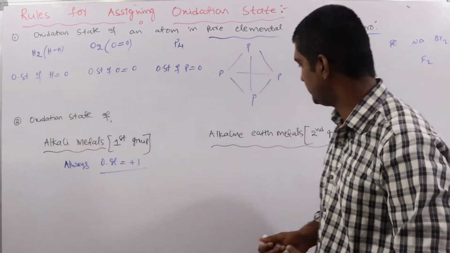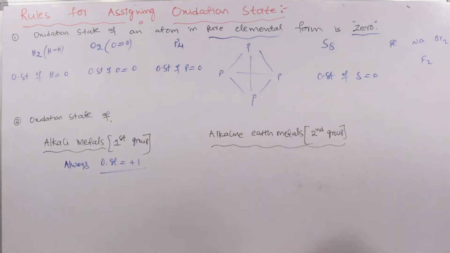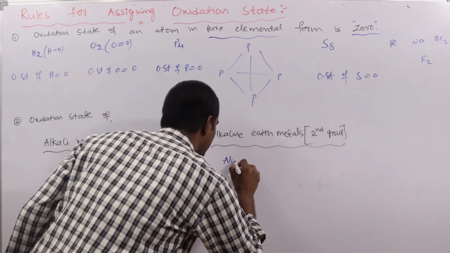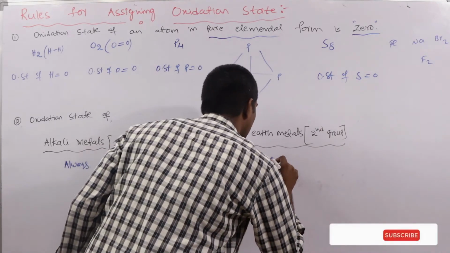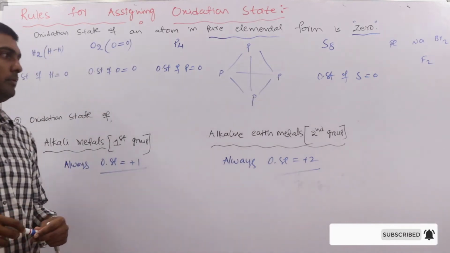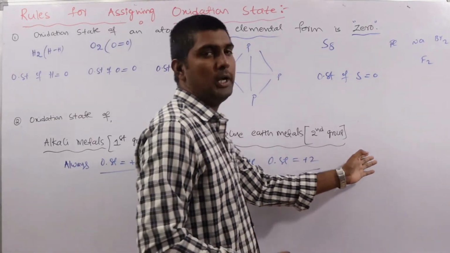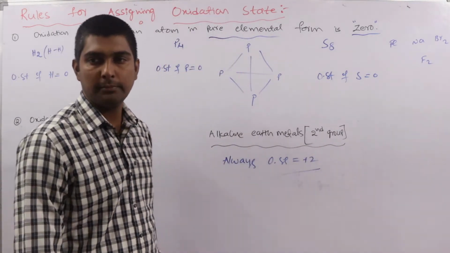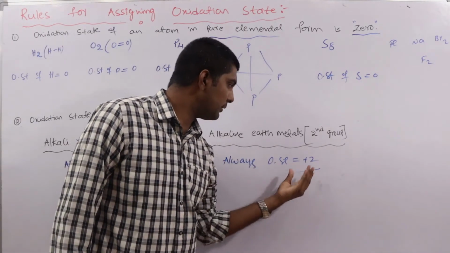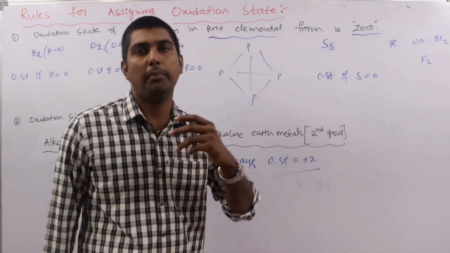In their compounds. Next, in the alkaline earth metals, always the oxidation state is equal to +2 only. For the second group elements, beryllium, magnesium, calcium, strontium, barium and radium, they always exhibit +2 oxidation state in the combined form.